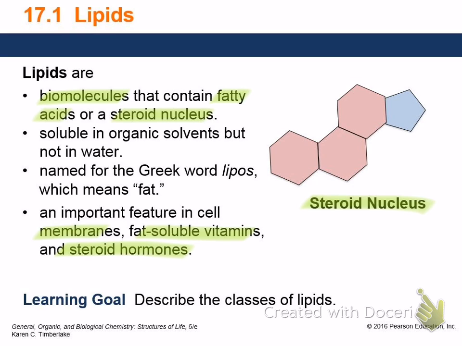I think the gist of this is that it's all kinds of stuff. You don't have to remember any particular kind, but you should remember it's in cell walls. There are some vitamins, and there are steroids. So let's go ahead and talk about the different kinds of lipids. Again, this is a hodgepodge of things, and we'll work our way through them.